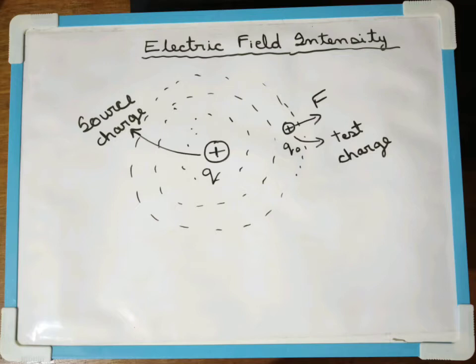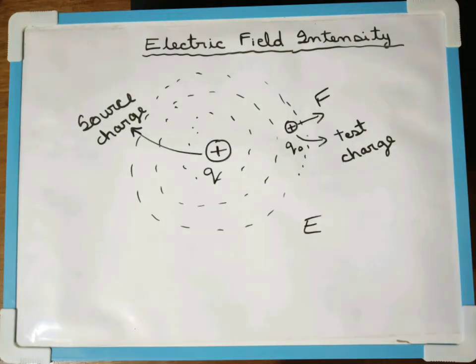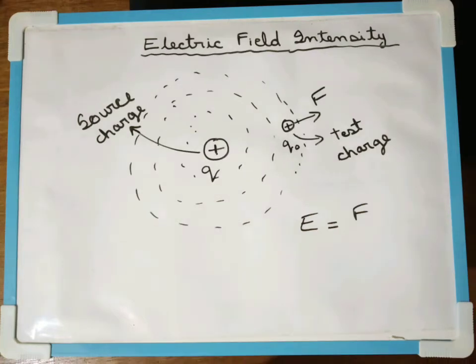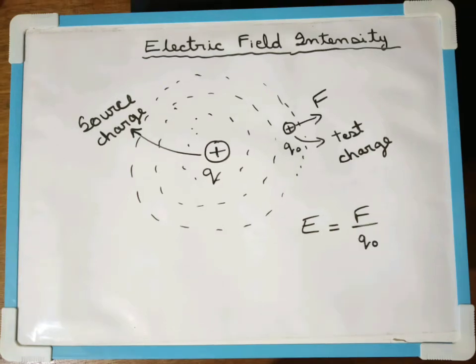So your electric field intensity at this point where the test charge is being placed may be defined as the force experienced per unit test charge of the test charge placed at that point.